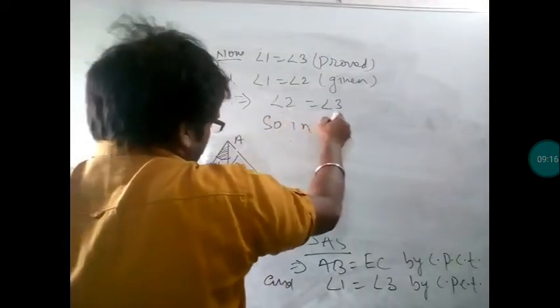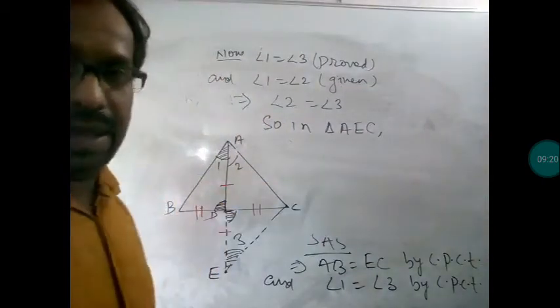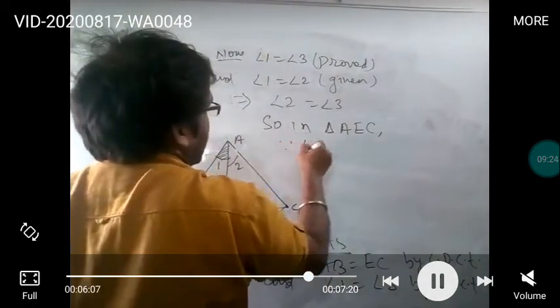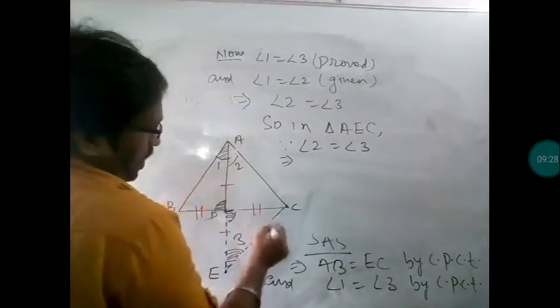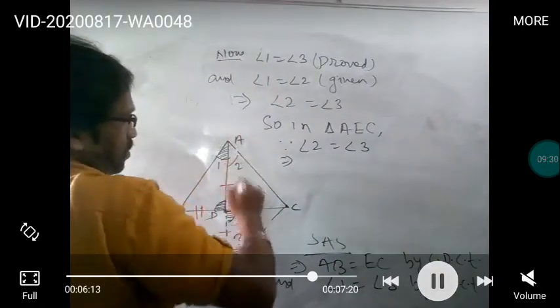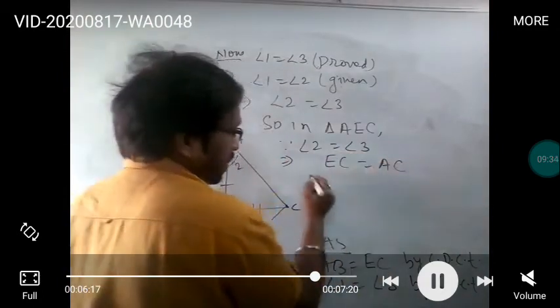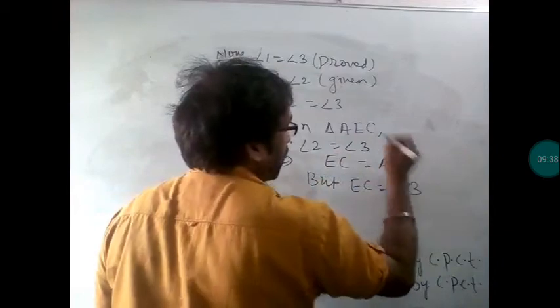Now in triangle AEC, see one thing here. In triangle AEC, angle 2 is equal to angle 3. That means AC is equal to EC, but AB is equal to EC. We have proved that in the previous congruent triangles. See here, we have proved this.